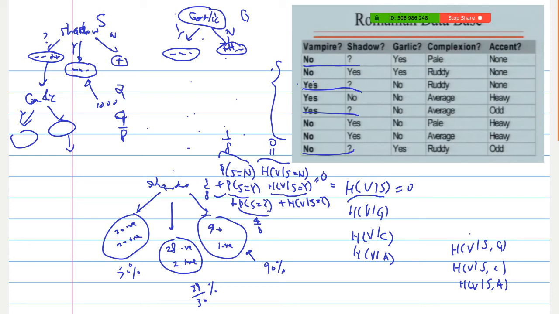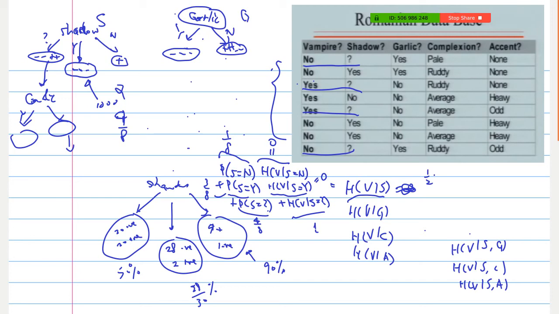And for this one here, you have 1/2, so the entropy is actually equal to 1. Therefore H(V|S) turns out to be equal to 1/2.